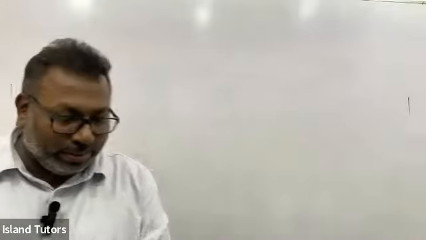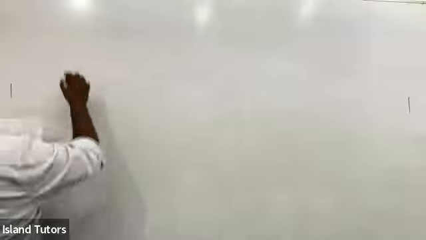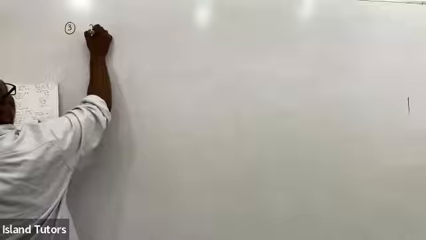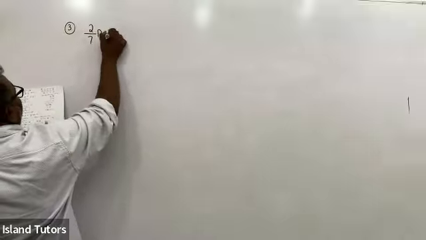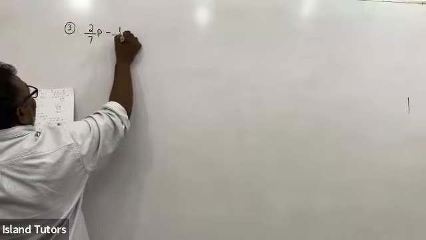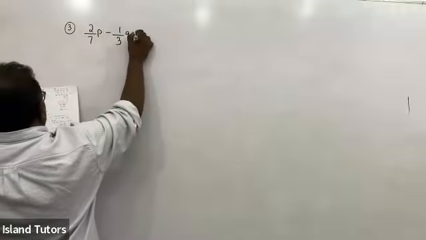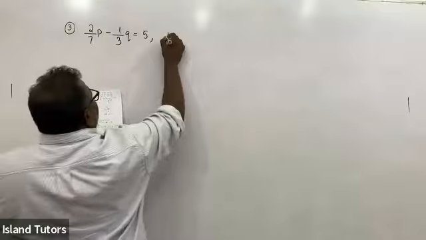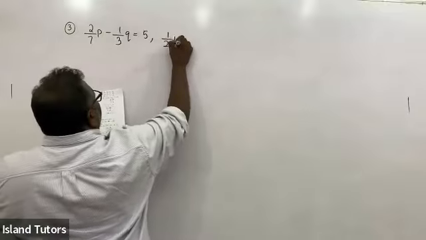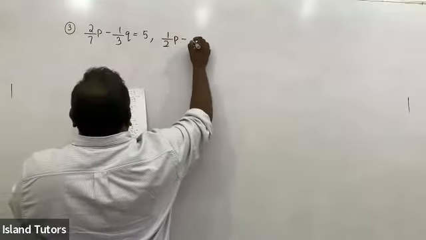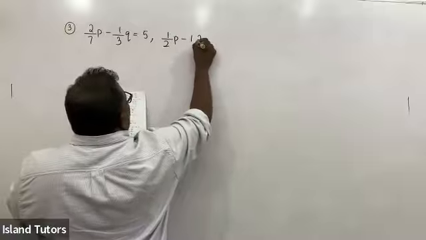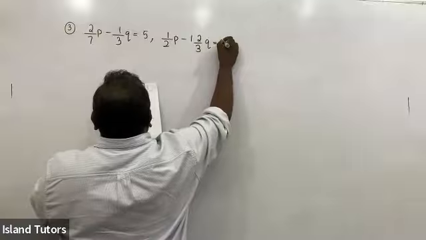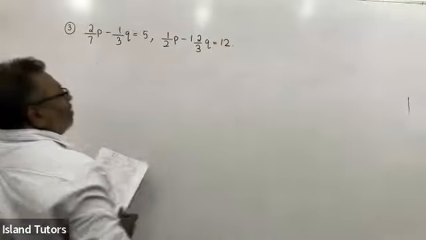It says 2 over 7p minus 1 over 3q is equal to 5, and 1 over 2p minus 1 and 2/3 q is equal to 12.